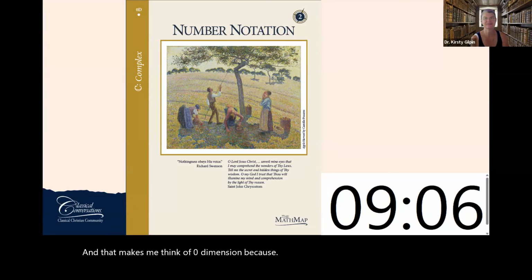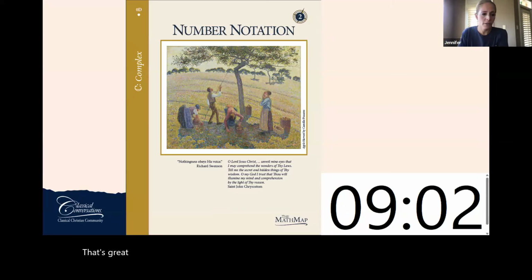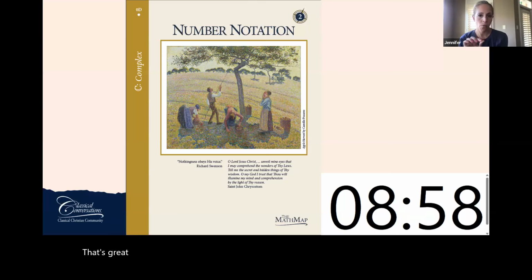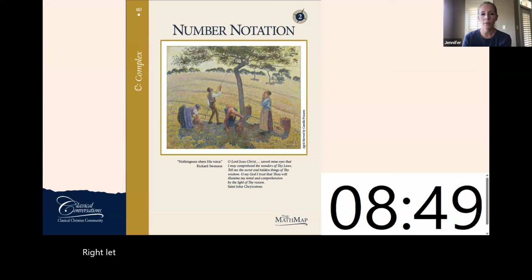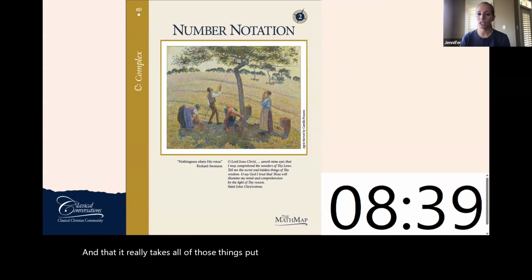That's great. One thing that my son and I talked about when we looked at this over the summer was that if you just take one of the dots or one of the points by itself, it wouldn't be very beautiful. It really wouldn't mean anything. It would just be a little point or a little dot, and it really takes all of those things put together to see the full picture.